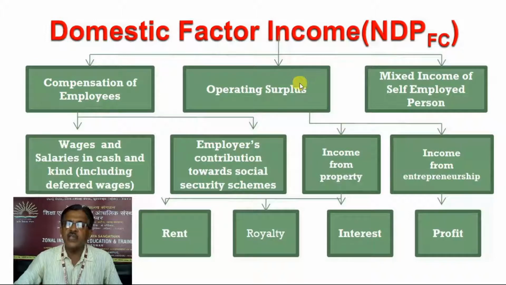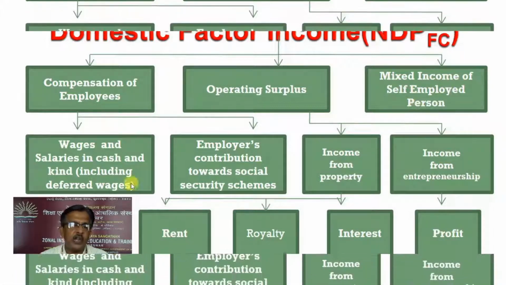Operating surplus can be broadly classified into income from property and income from entrepreneurship. Income from property can be classified into rent, royalty, and interest, and income from entrepreneurship is the profit. And the third component is mixed income of the self-employed persons.